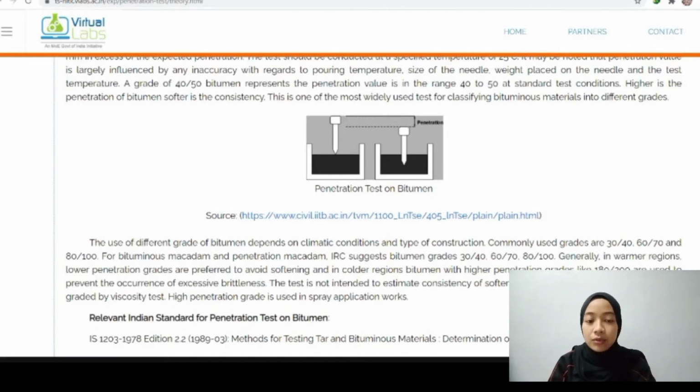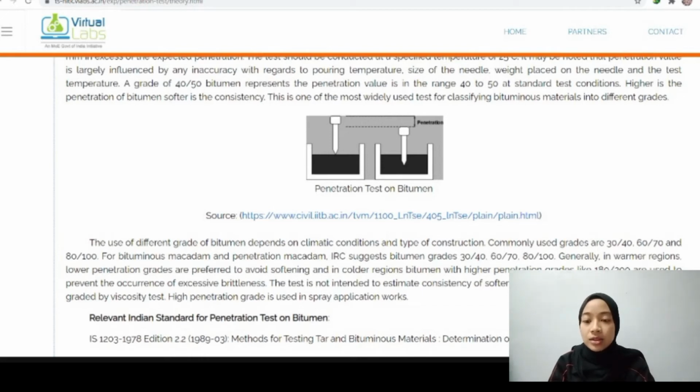Generally, in warmer regions, lower penetration grades are preferred to avoid softening, and in colder regions, bitumen with higher penetration grades like 130/200 is used to prevent the occurrence of excessive brittleness.